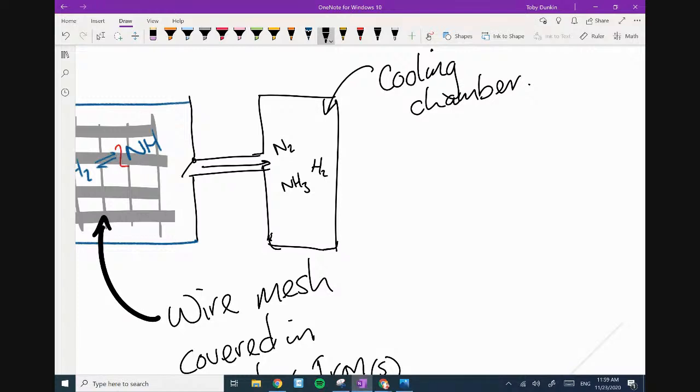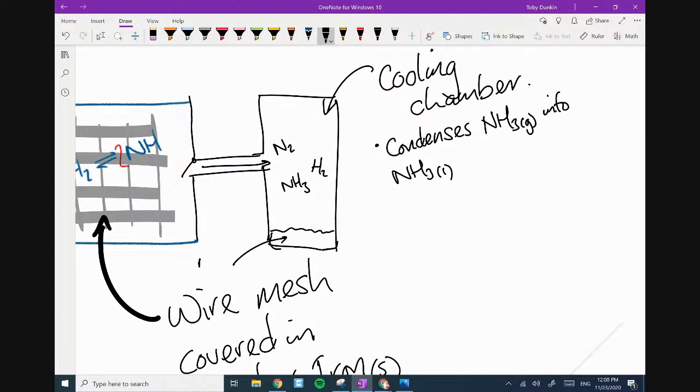They cool this down to about -70, I believe, and that condenses the NH3 gas into liquid NH3, which forms at the bottom. So we have liquid ammonia, NH3 liquid.